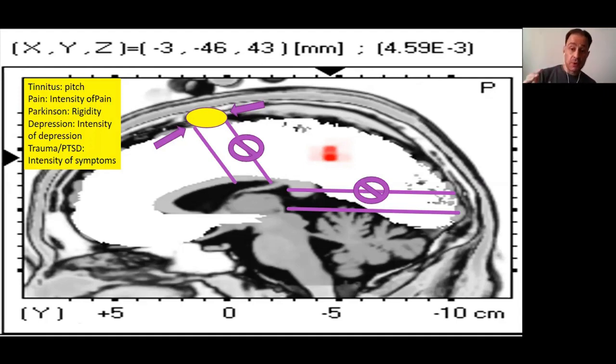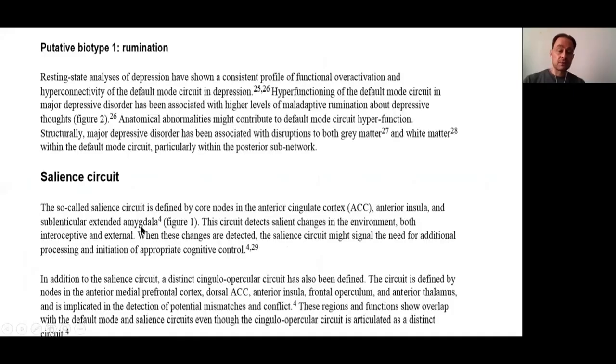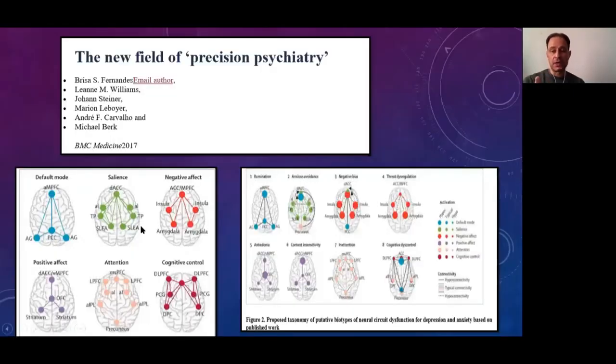That means that when we look at the brainwave activity, we have a better way of understanding this. Now, we can also study brain networks, and again, I can share this paper with you. I don't want to stop too much here, but we have a default mode network, a salience network, a rumination network, a negative affect network, and those are influenced differently in different individuals.